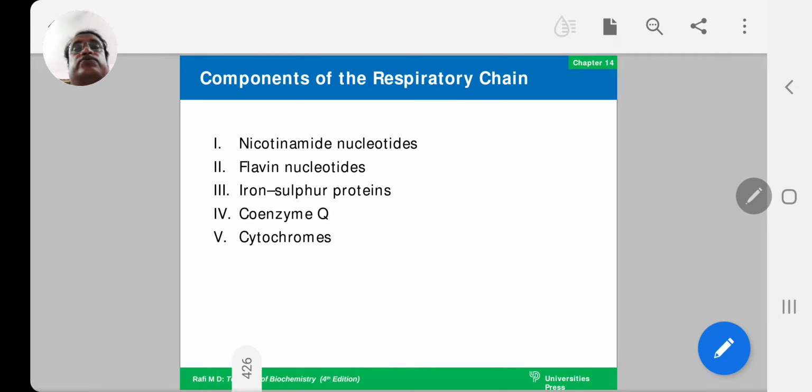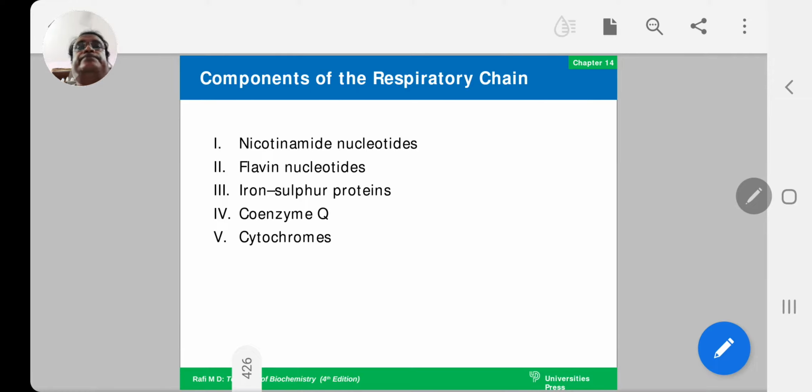Now cytochromes. Cytochromes are proteins with heme as prosthetic group. Heme in turn is composed of a porphyrin ring with an iron atom. The heme group of cytochrome is functionally different from that found in hemoglobin and myoglobin.